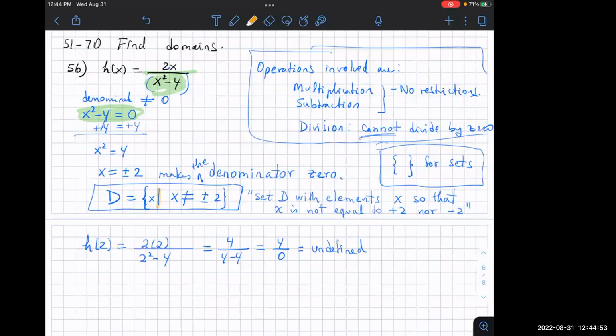Some people say "with the condition that x is not equal."